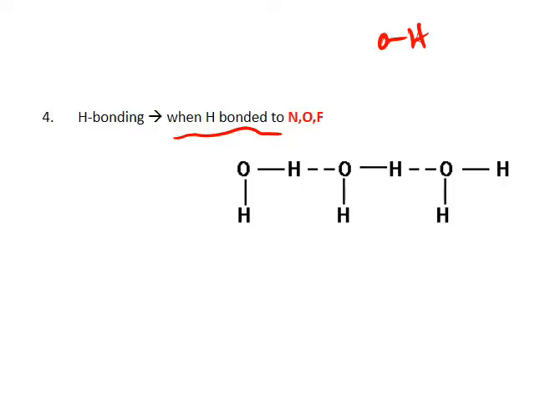And you can have a number of hydrogen bonds in the liquid or even in the gas phase. Say, for example, with this oxygen also I can have a hydrogen, then oxygen and hydrogen. So anyway, when hydrogen is bonded to nitrogen, oxygen, or fluorine, you would expect hydrogen bonding. And this is a strong type of intermolecular force.